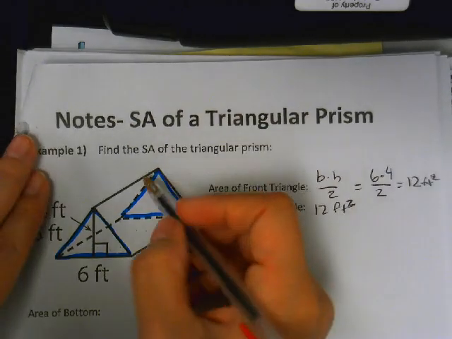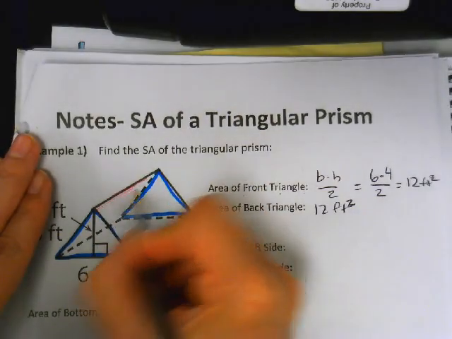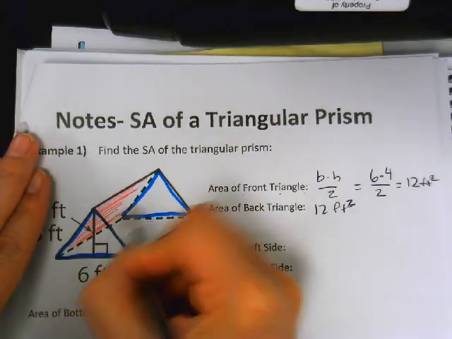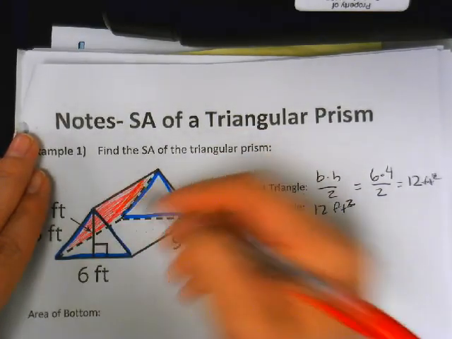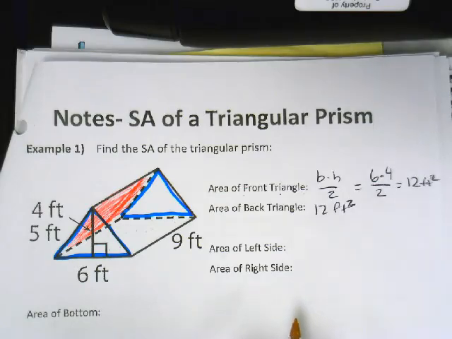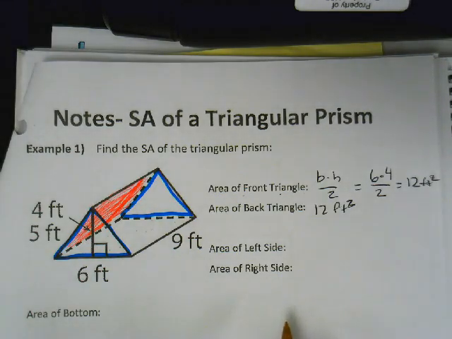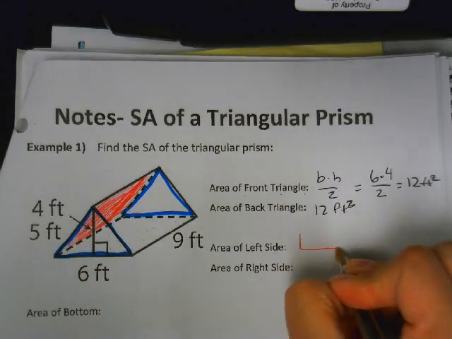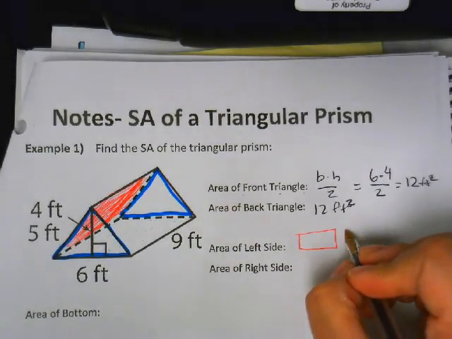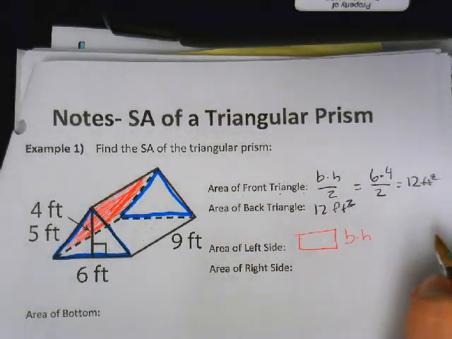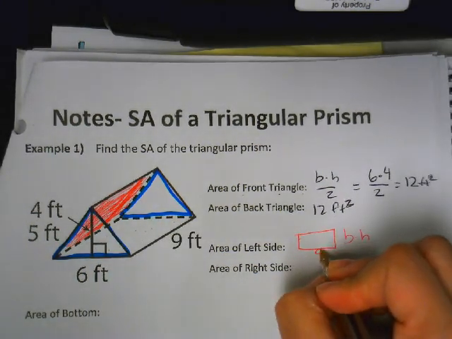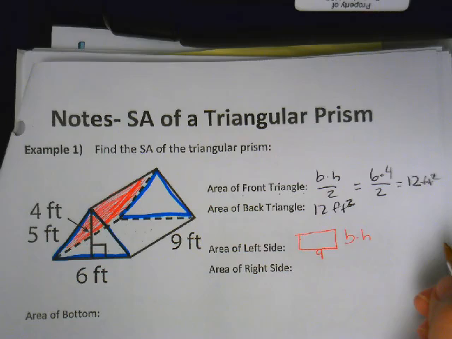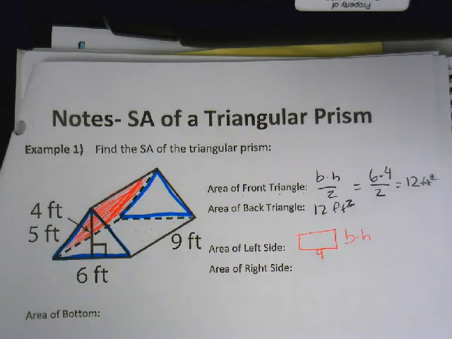Okay. The left side, the right side. This would be the left side over here. And it's a rectangle. Do you guys see it by what I'm coloring? Yeah. Okay. Now, it's a rectangle. So the area would just be base times height, or length times width. What would be the base of my rectangle? 9. What would be the height of my rectangle? 5.